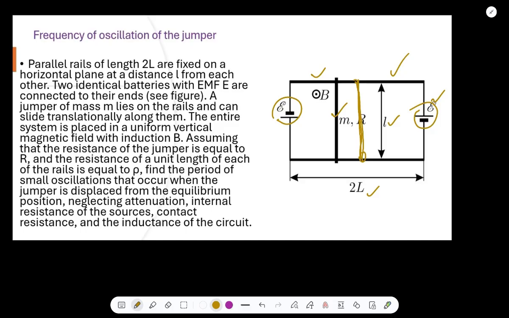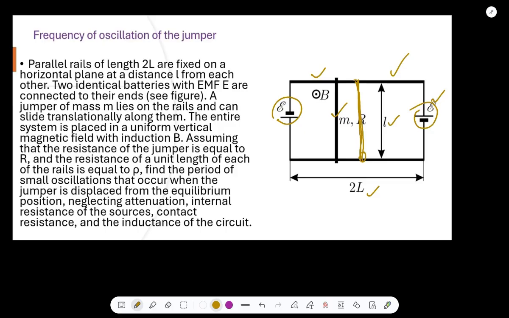And if the jumper starts moving from this equilibrium position, a current flows through it. This can be caused by a change in the resistance of the circuit parts, left and right, and also due to the phenomenon of electromagnetic induction.